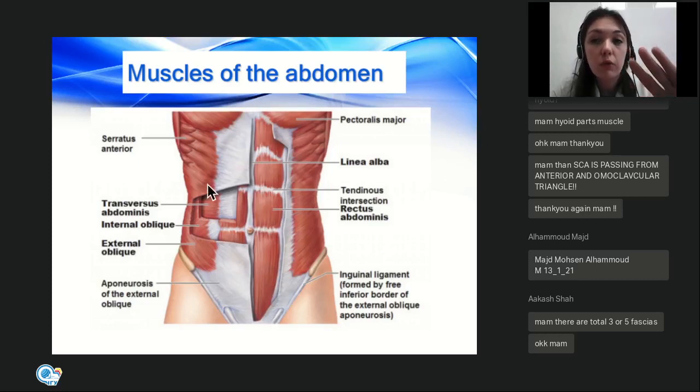Then lateral muscles of the abdomen, they are 3. It is external oblique abdominis muscle, here you can see it, and fibers of external oblique abdominis muscle, they are directed downward, forward, and medially. Then under it, there is internal oblique abdominis muscle, and its fibers run perpendicularly to external oblique.